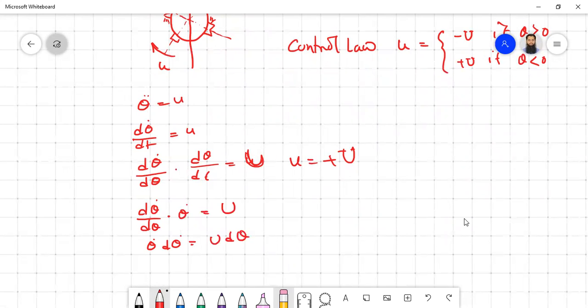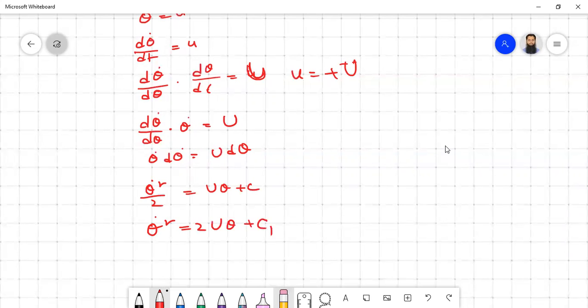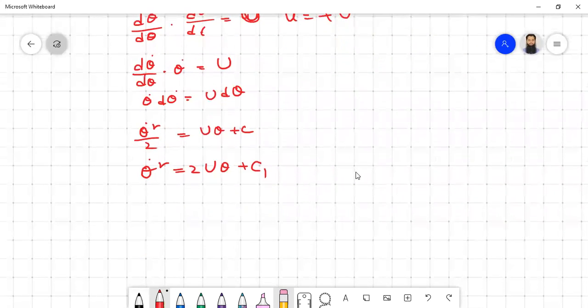Now, if you integrate on both sides, what you're going to get is theta dot square by 2 equal to u theta plus c. Multiplying by 2, theta dot square equal to twice u theta plus twice c, which can be written as c1, just the coefficient, so it doesn't make much difference.